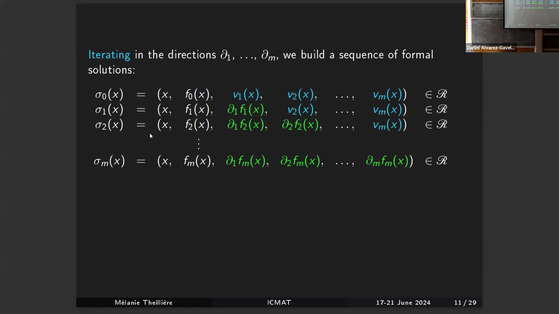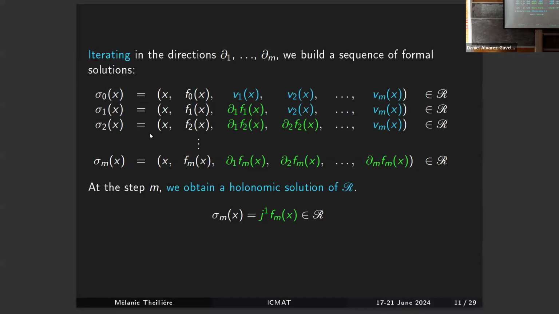So we build a section sigma_m, which is a formal solution. And at the end, we obtain a holonomic solution of the partial relation given by the one jet of the function f_m obtained after m iterations of the corrugation process. Is it fine?